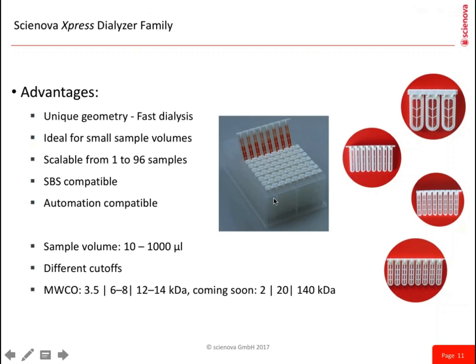On this image you can see a deep well plate with cartridges of the microdialyzers, and up to 12 cartridges are put into one deep well plate. One cartridge contains 8 segments, and one segment is for one sample each, and therefore you can use up to 96 samples in one plate.